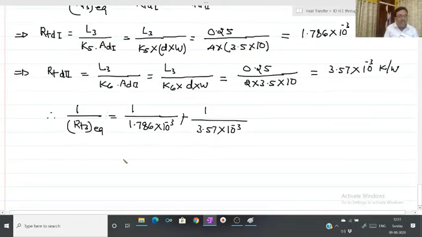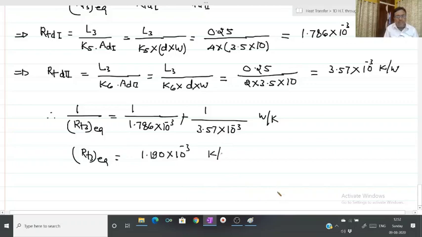And finally, for RT3 equivalent, you take the summation of both these two terms and take their reciprocal. So its unit will be watt per Kelvin, and RT3 equivalent will be 1.190 into 10 to power minus 3 Kelvin per watt.